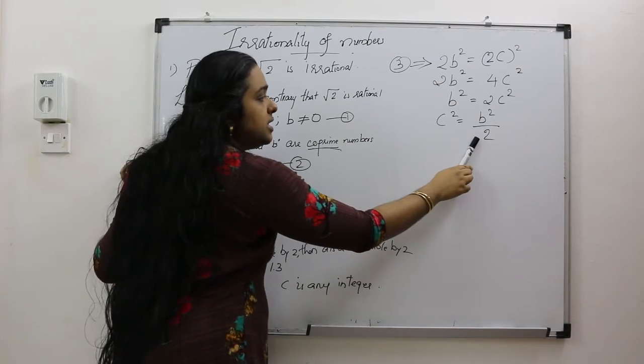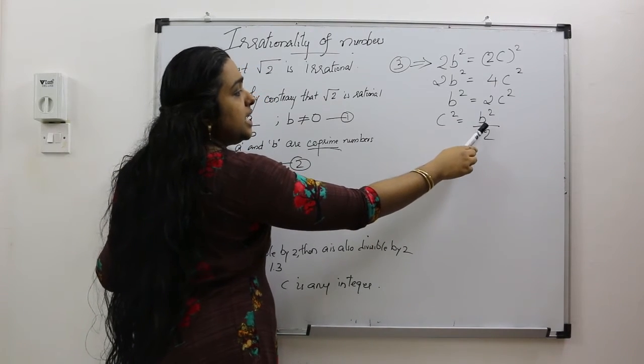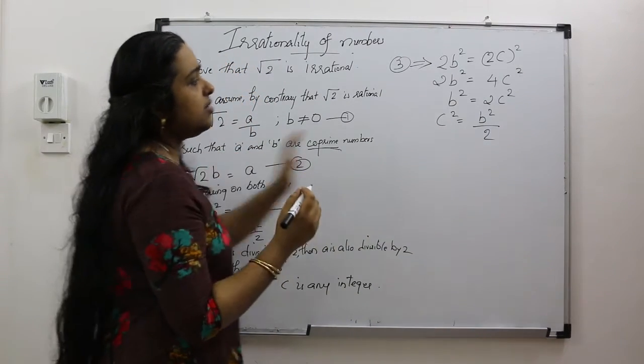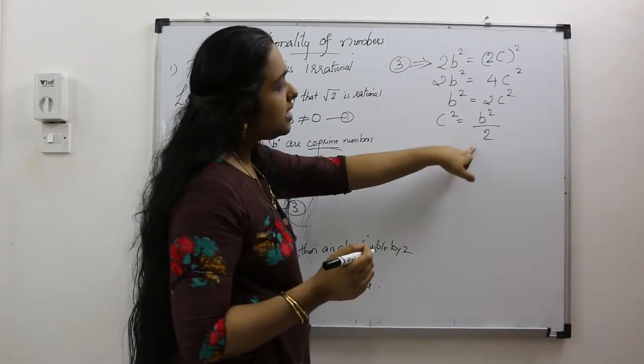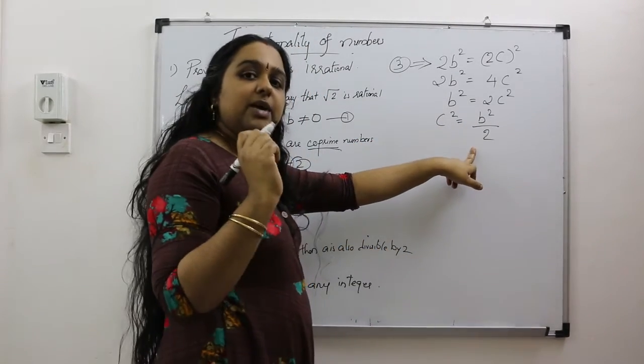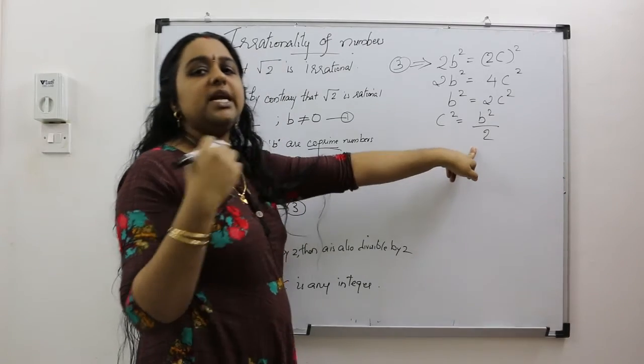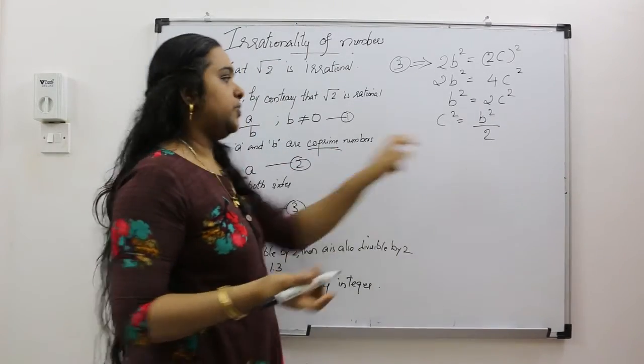Here also we can see that b square is completely divisible by 2. When we are dividing b square with 2, we are getting a result. So b square will be completely divisible by 2. Then b will also be completely divisible by 2.